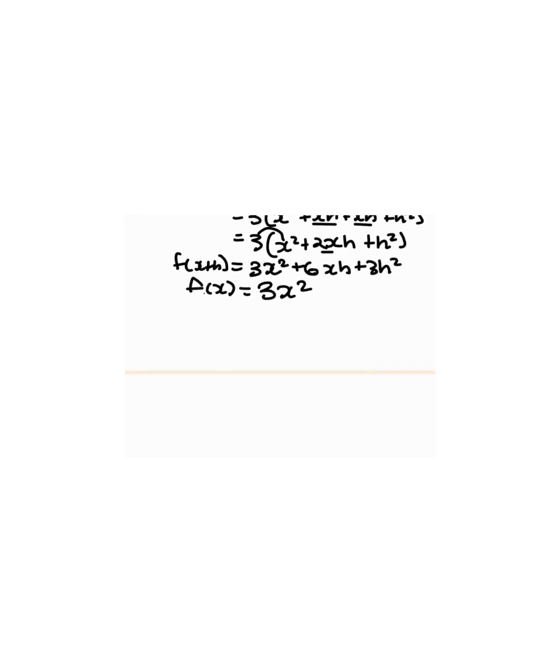Now we plug in f at x plus h and f at x on that f prime x equals the limit as h tends to 0, and then our f at x plus h is going to be 3x squared plus 6xh plus 3h squared.